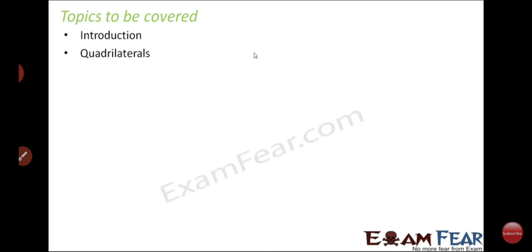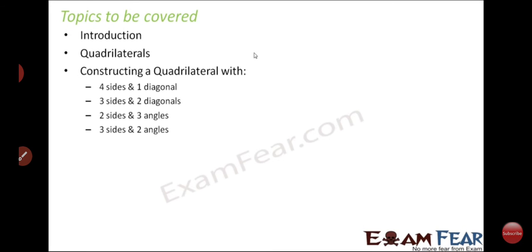Now what is a quadrilateral? A quadrilateral is a four-sided closed figure. In this chapter we will learn the introduction to quadrilaterals, and construction of a quadrilateral with four sides and one diagonal, three sides and two diagonals, two sides and three angles, and three sides and two angles.